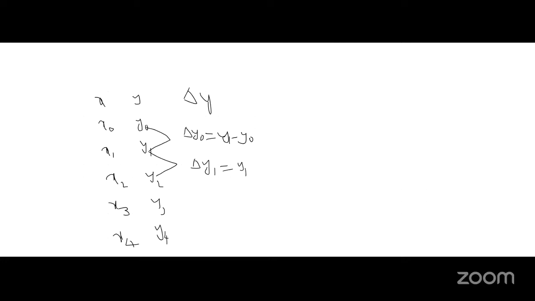Next delta y2 we can write as y3 minus y2, and delta y3 is y4 minus y3. So this is the first difference.